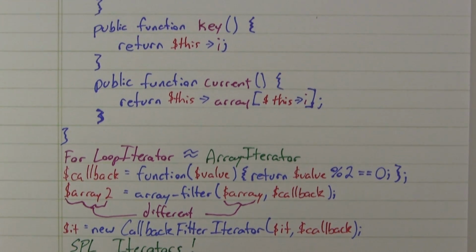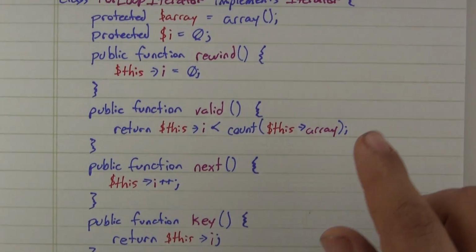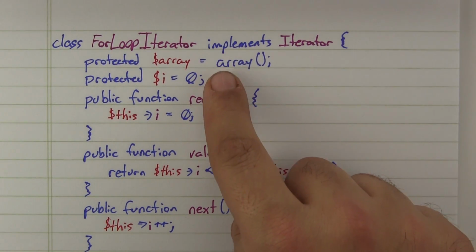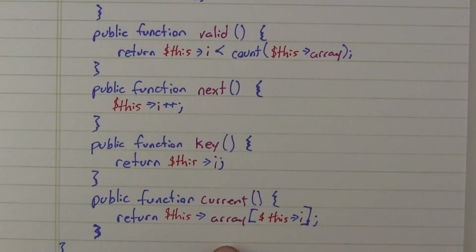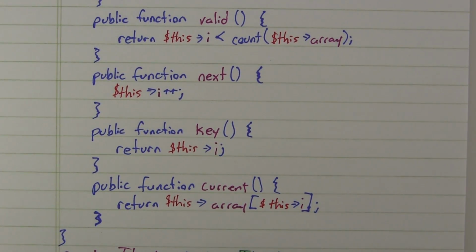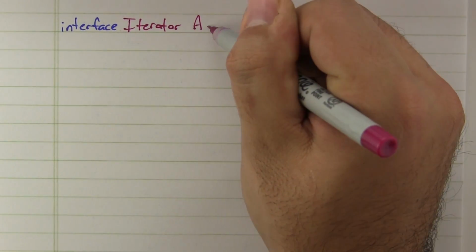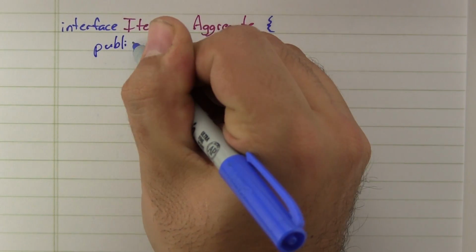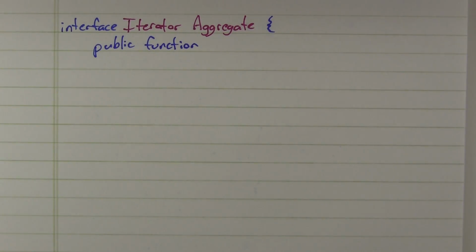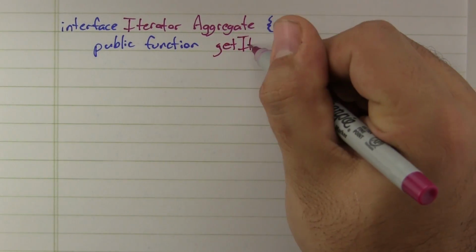Now, one thing you've likely noticed is that iterators are not typically small pieces of code. Their implementation is fairly verbose. The interesting thing, though, is that to make your class traversable in a foreach, you can implement Iterator, but you can also implement IteratorAggregate. The IteratorAggregate interface allows you to instantiate a different iterator from your class.